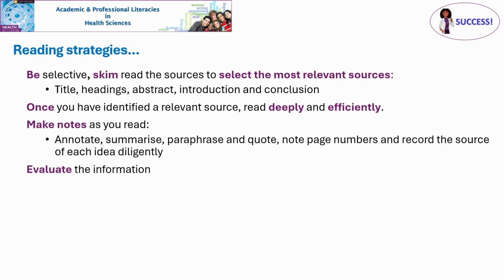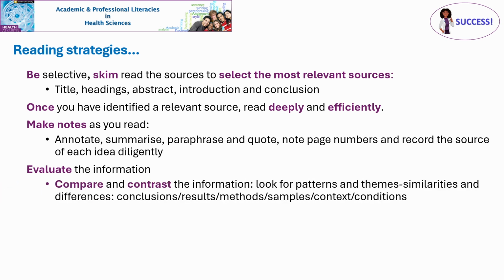Our job is to evaluate the information that we're engaging with. And that evaluation includes a comparison and contrast of the information. So one paper may discuss one element, another paper may discuss the same element, but in a different way. And we need to be able to compare and contrast that information.